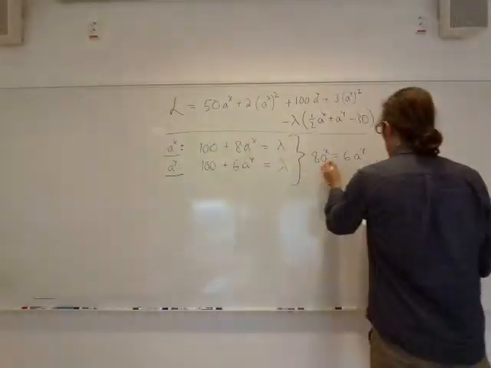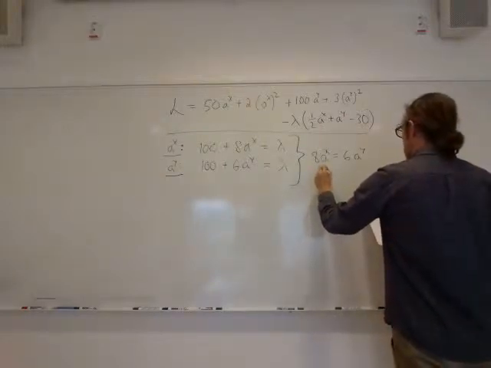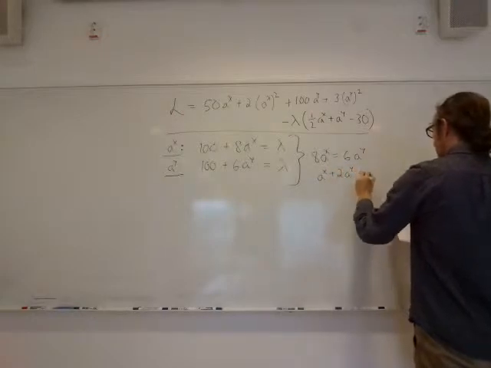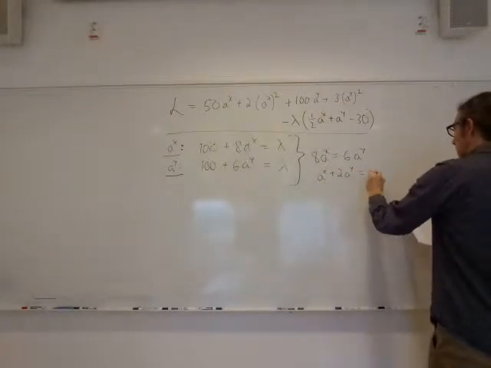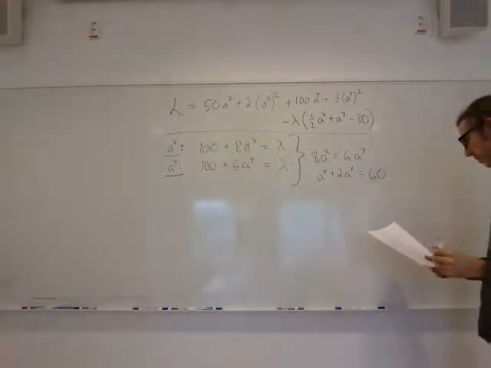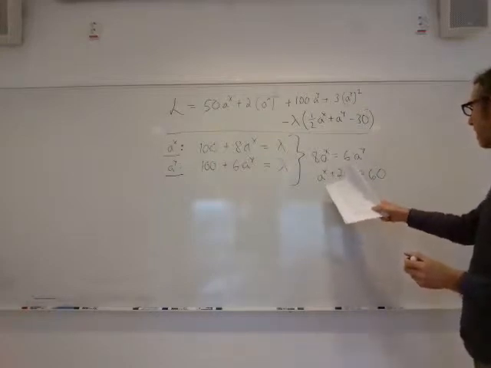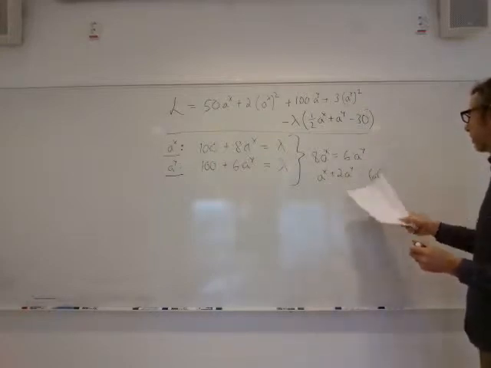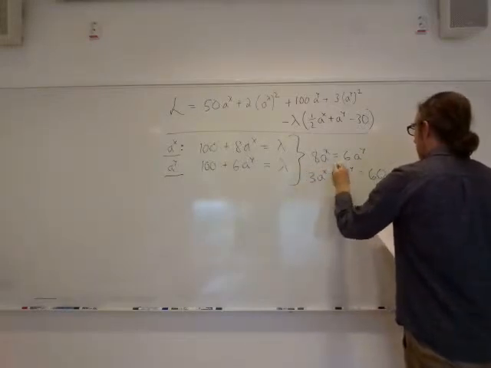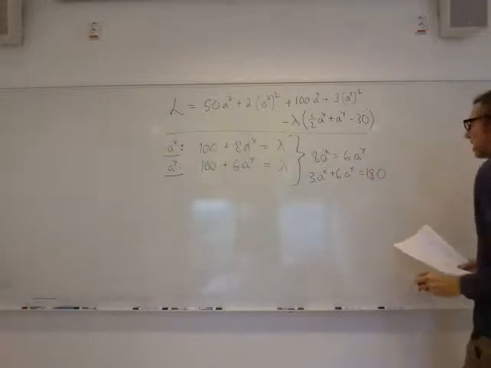So this is one equation, but we also know that AX plus 2AY equals 60. So I've multiplied it by 2. But actually, if we want to get rid of AX or AY, we should multiply it by another 3, shouldn't we? 3AX plus 6AY is 180.